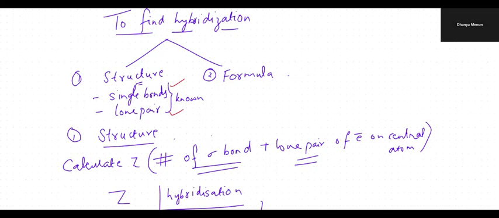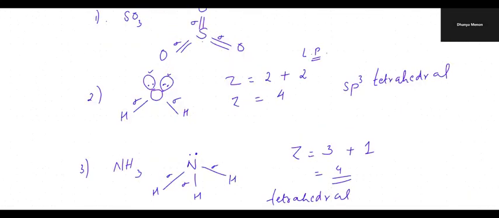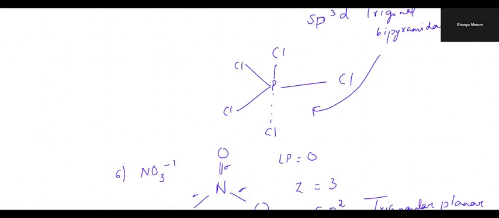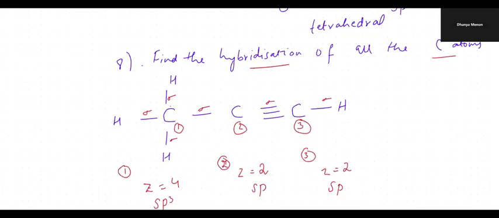So this is the second method. The trick is Z is equal to half of the number of... this is when you know the formula. What is the trick to understand the hybridization?